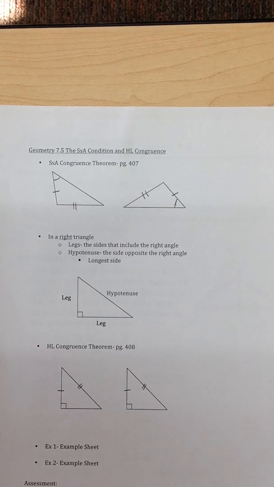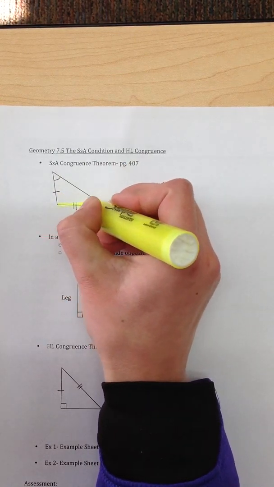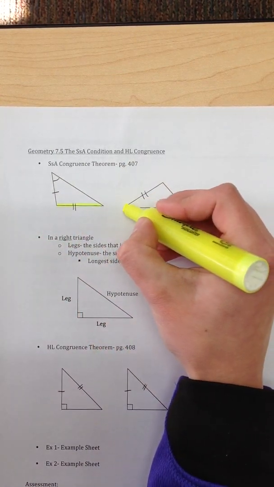Okay, so how this is different than the ones we've had before is the only way that this works is if you know which side is the longest, or which side is longer than another side. So basically what you've got to have here is, we know this side and this side match up with each other.